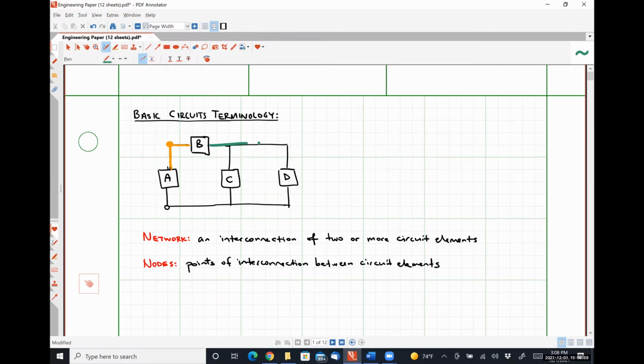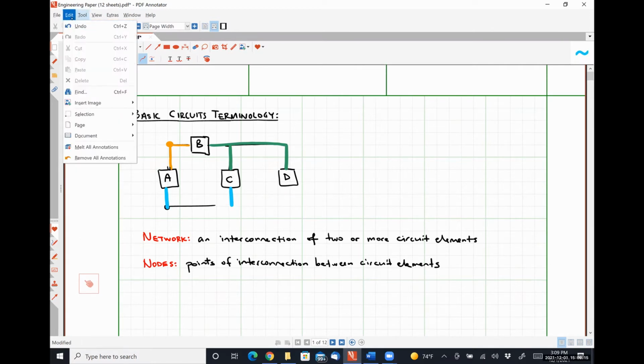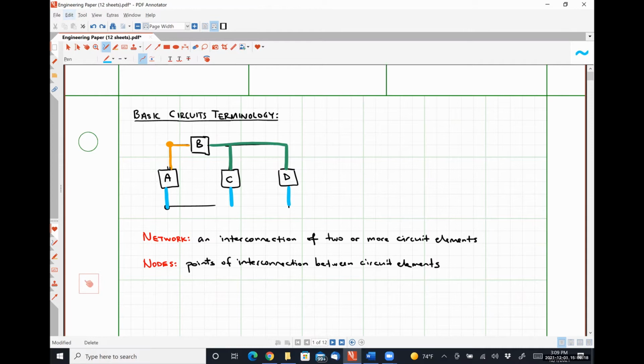So let's do this guy in green. And this guy in light blue. Let me fix all the junk I accidentally erased.